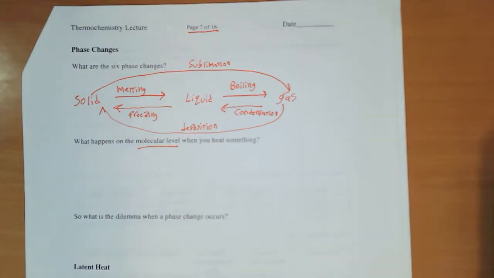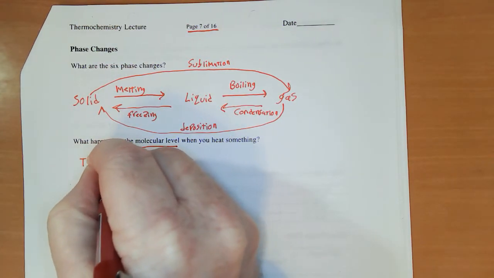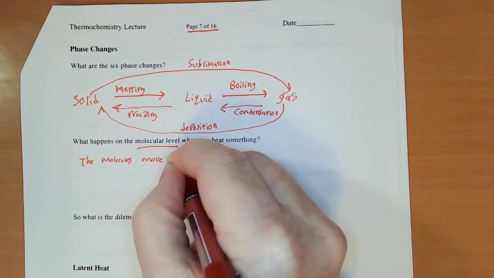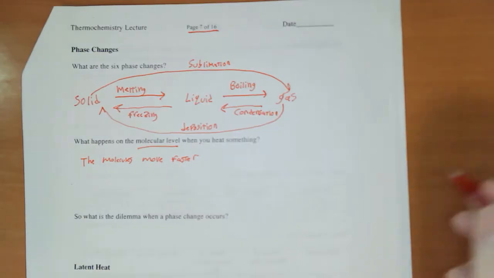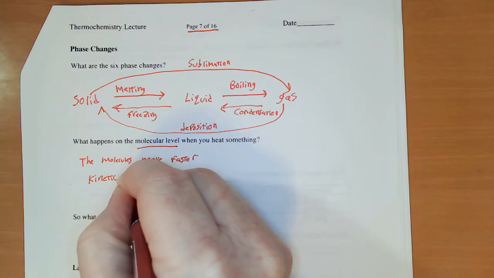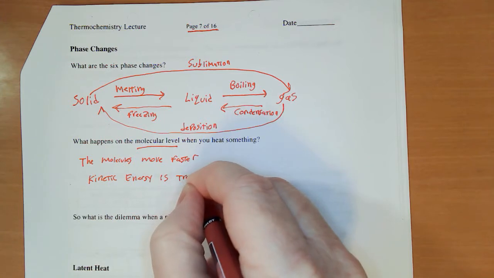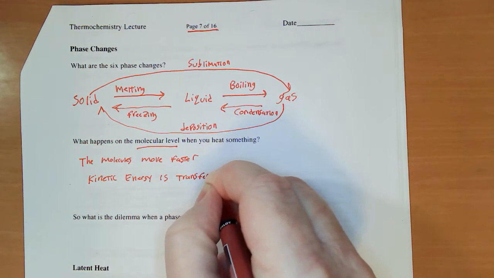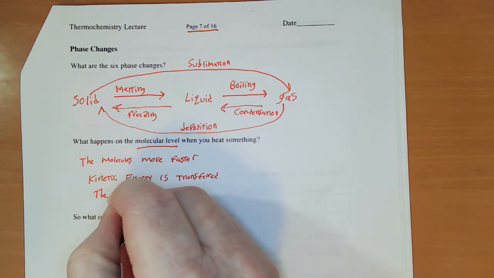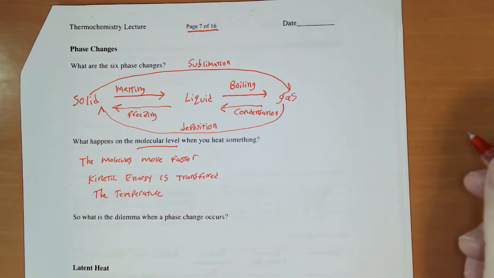All right, let's talk about the molecular level. Let's get down to the particulates again. What happens when you heat something? Basically, the molecules move faster. Kinetic energy is going to be transferred into what you are heating, and the temperature of what you are heating is going to go up.